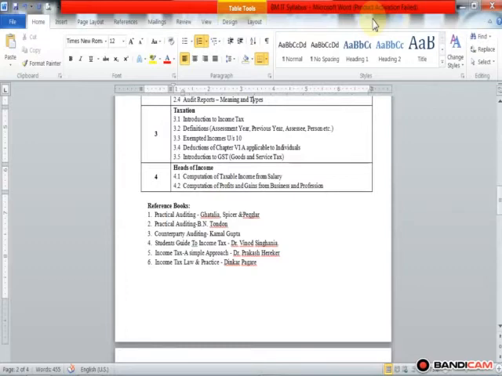Next 3.3 we study the exempted income under section 10.